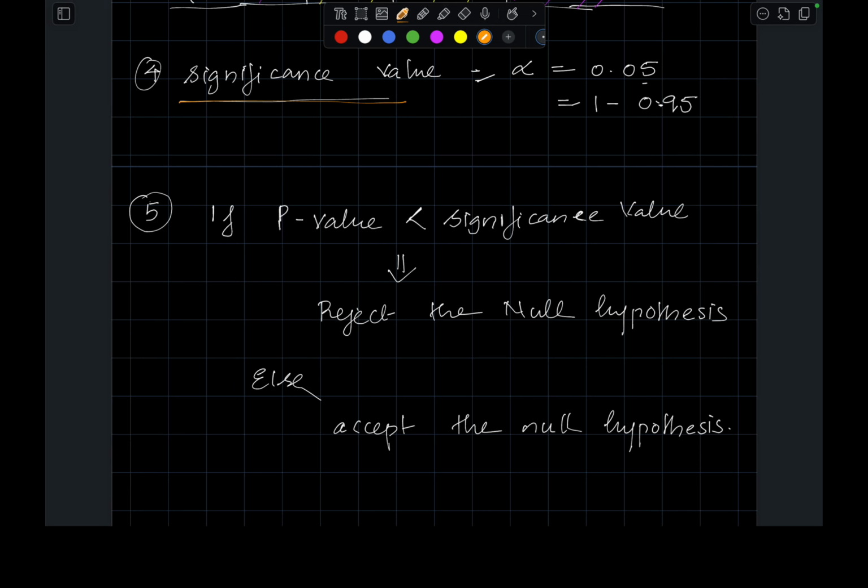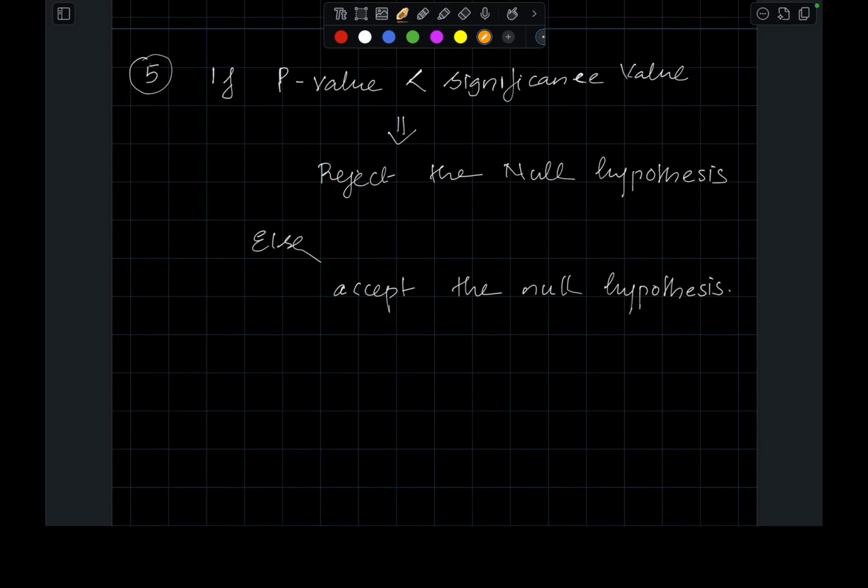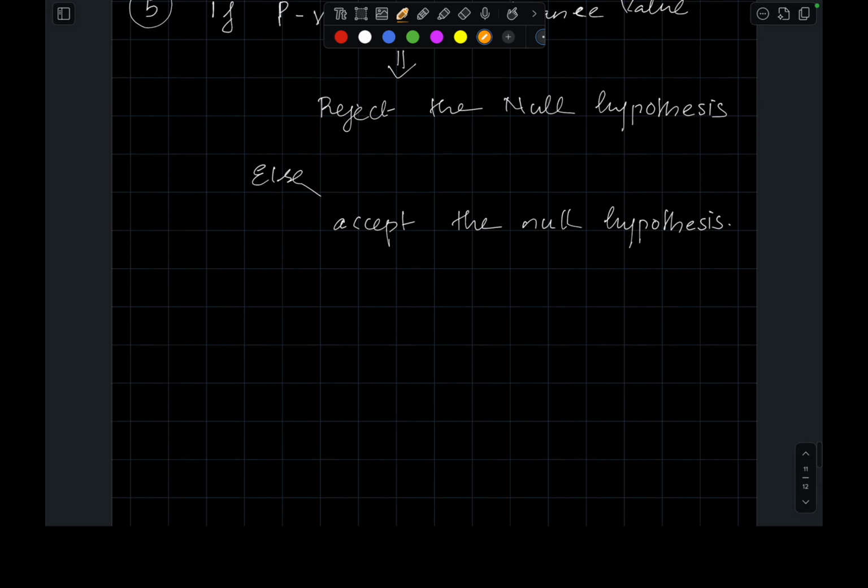And if the p value is greater than 0.05, we will accept the null hypothesis which says that the coin is fair. So this is how the whole methodology of hypothesis testing works. But we will see in detail how this is done for each particular hypothesis test.